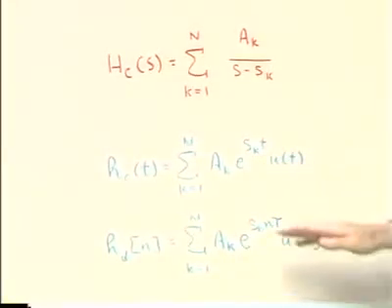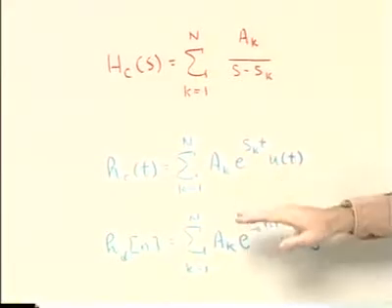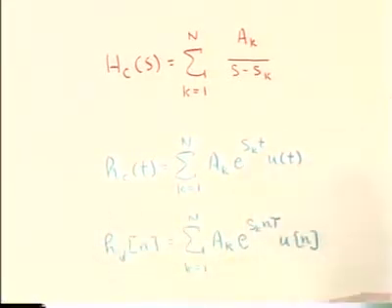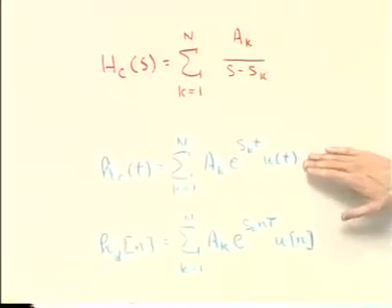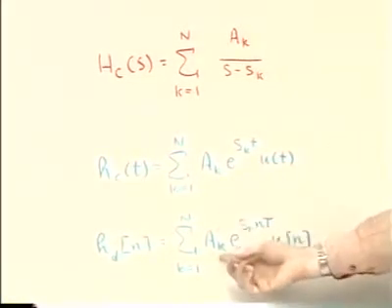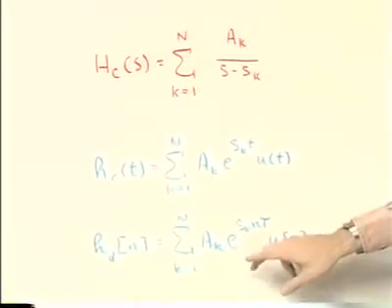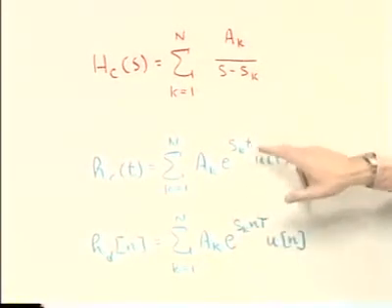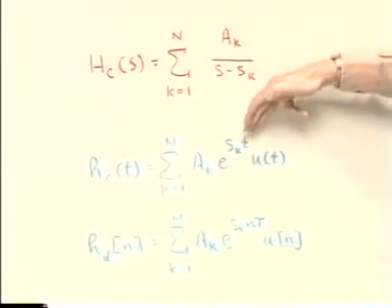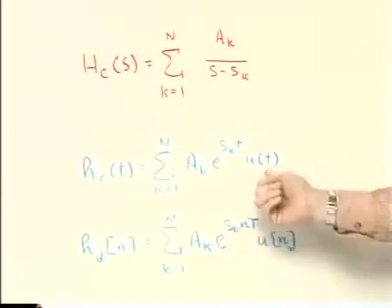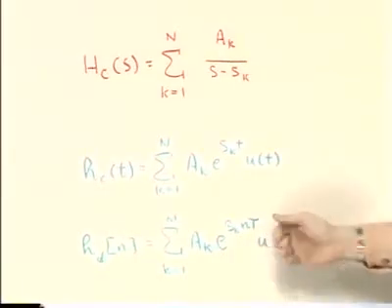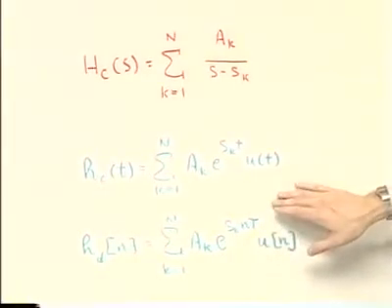Now, impulse invariance corresponds to sampling this, and so the discrete time impulse response is simply a sampled version of this, and the a sub k, of course, carries down, and we have the exponential. We're sampling at t equals n capital T, and so we've replaced that here, and then the unit step to truncate things for negative time.